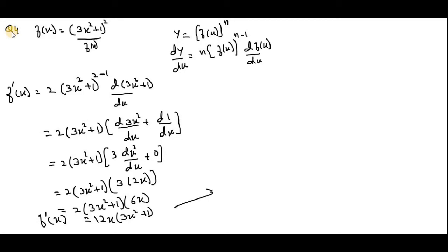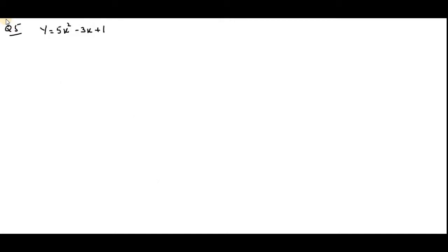This is your f dash of x. Now on simplification we can further simplify as f dash of x is equal to 36x cube plus 12x.